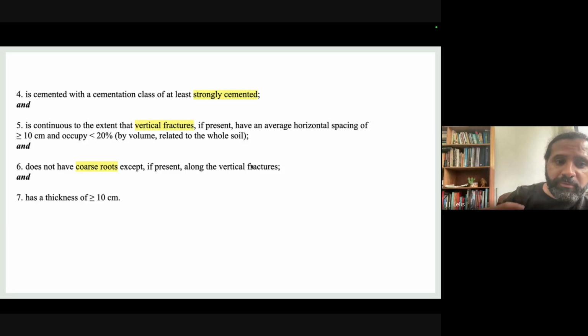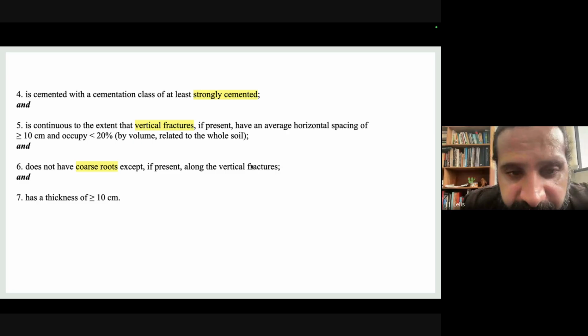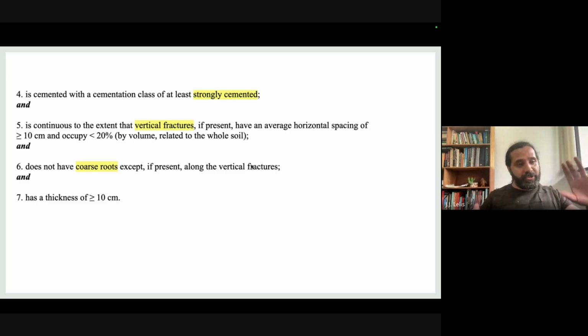So the roots cannot easily go through this petroplinthic horizon except along those cracks, okay? And it has a minimum thickness of 10 centimeters. So I should register at least 10 centimeters of the iron-cemented horizon to identify the petroplinthic horizon.